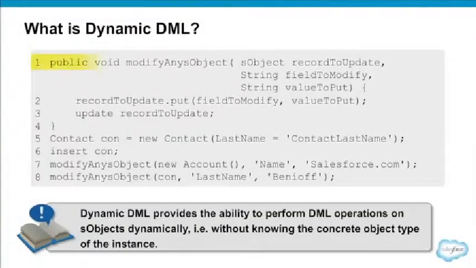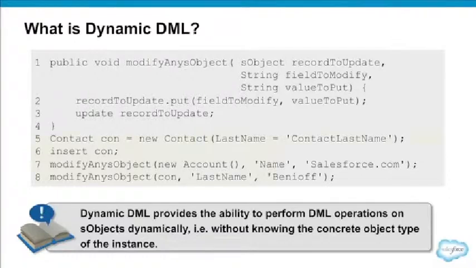We have our method up here, which is modify any S-object. We're passing the record to update. We don't know what it is. And then the field to modify and the value to put. So you could create a method like this where we call put on the S-object. We identify the field we want to modify and then the new value. And then say update. Whatever this thing is, we don't know what it is, nor do we know what field the user just updated. Update that record in the database.